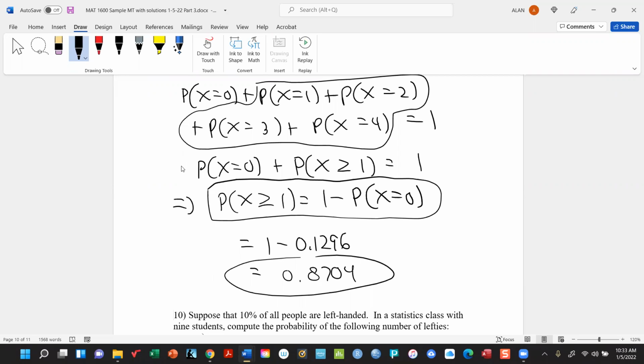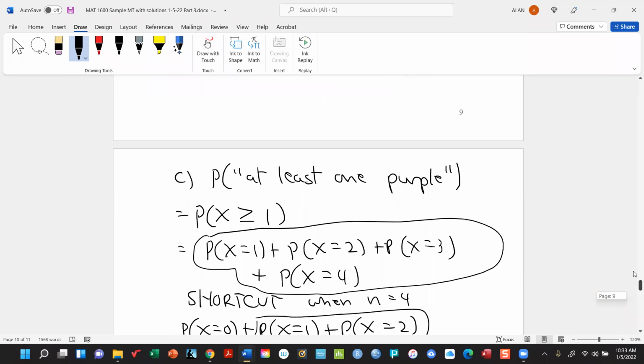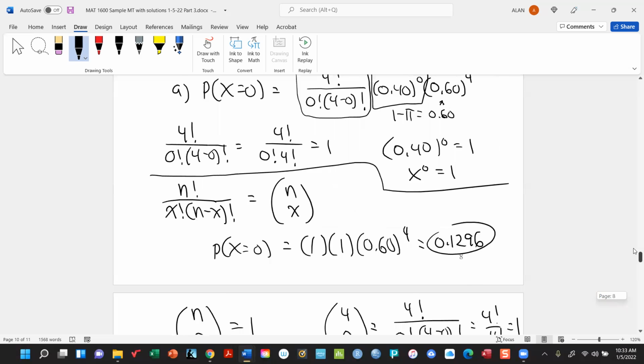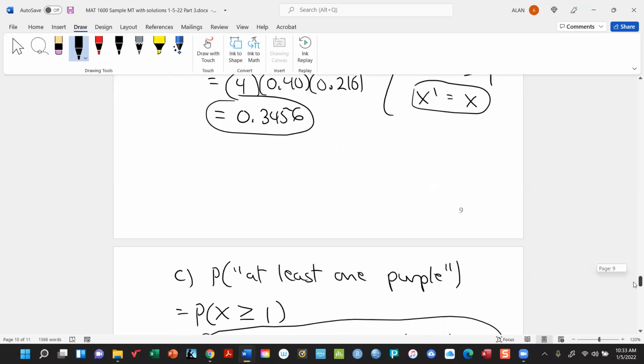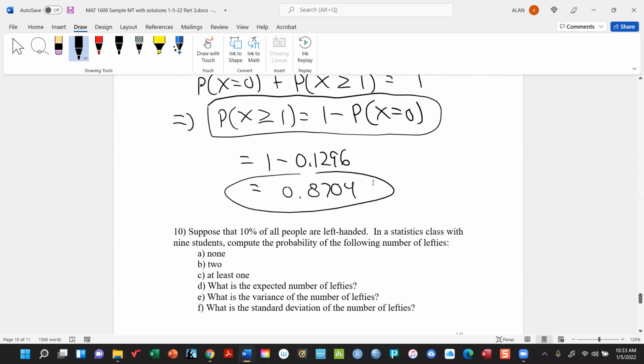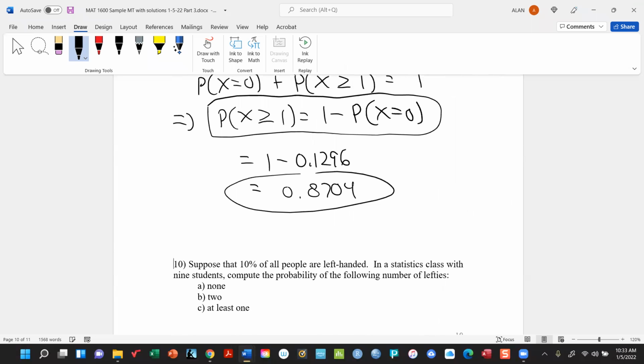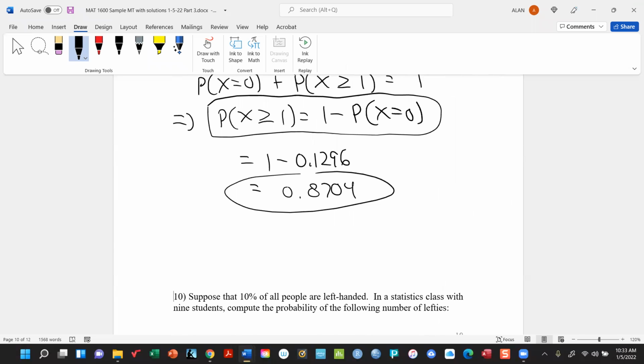Now they're asking us for the moments. If you go back to the question, expected value, variance and standard deviation. Very nice. So let's remind ourselves that n is 4 and pi is 0.4.